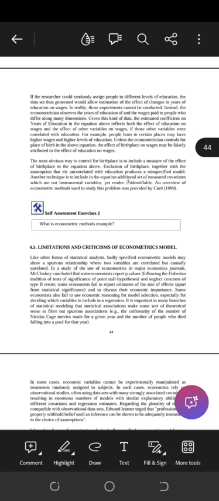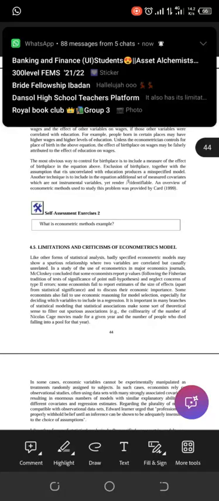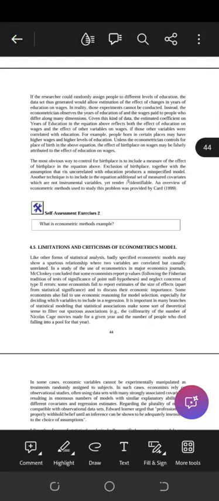If those other variables were correlated with education, for example, people born in a certain place may have higher wages and higher levels of education. Unless the econometrician controls for place of birth in the above equation, the effect of birthplace on wages may be falsely attributed to the effect of education on wages.